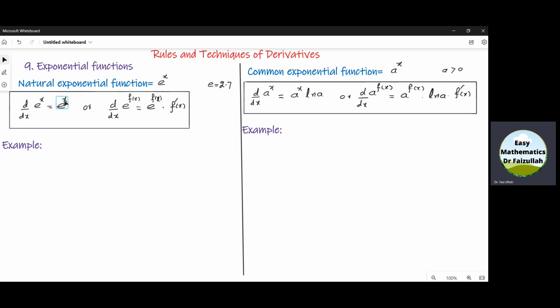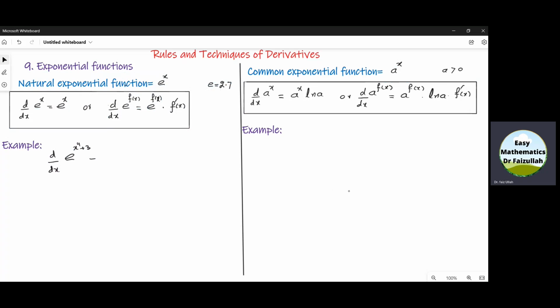But now instead of x, if there is a function f of x, then differentiation of e power f of x is equal to e power f of x into differentiation of that function f of x. Let us explain it by an example. We have e power x^4 plus 3, and now let us differentiate this.